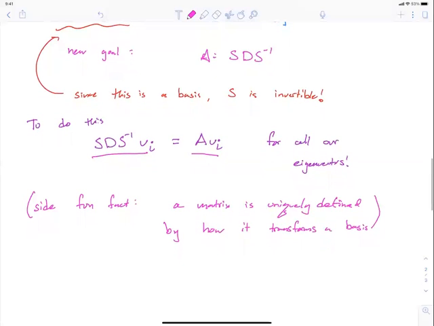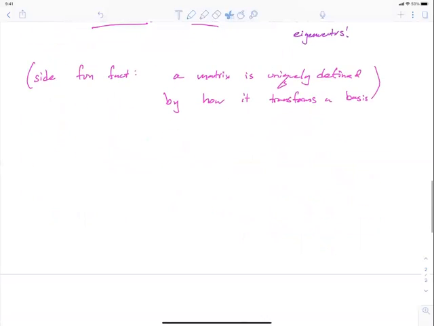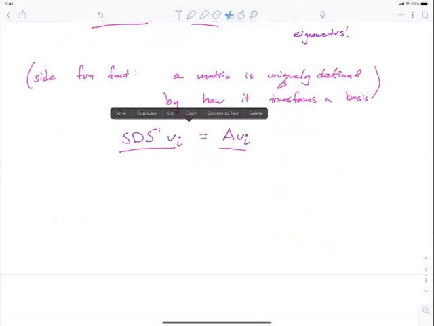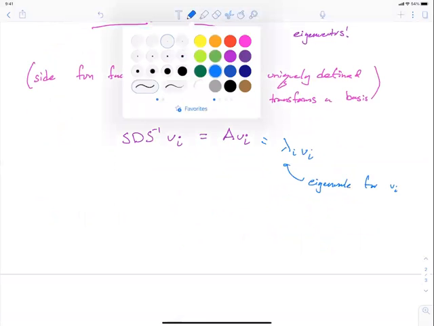All right, so what we're going to do is we're going to just compute this. Now, we know that if we get this to work, then we're done. And we know that on the right, this is equal to lambda_i times v_i because there's a corresponding eigenvalue for v_i. So what we want to do, our new goal, right?